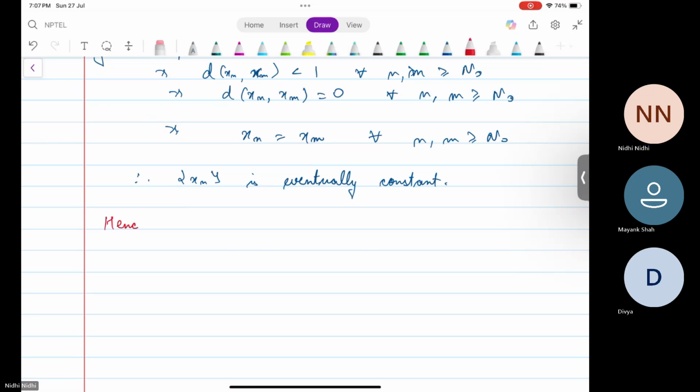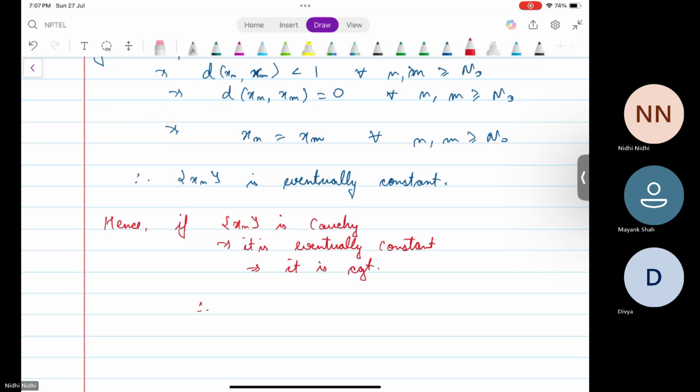Hence, if xn is Cauchy, this implies it is eventually constant, and this implies it is convergent.